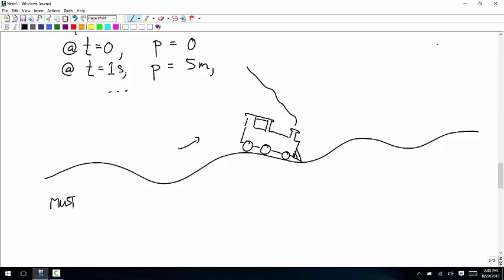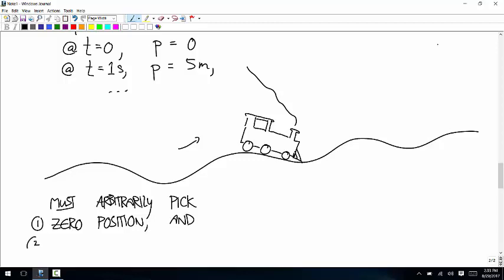So you must arbitrarily pick a zero position, and second, a positive direction. Once you make those two choices, you can use those to tell you the location of the thing that you're tracking.